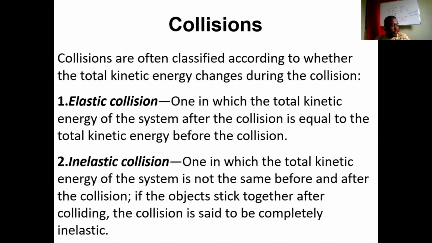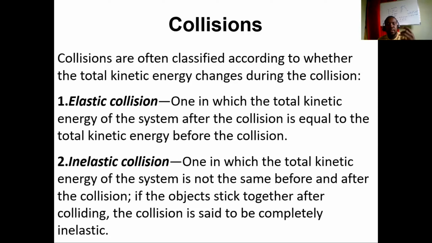Right? And for collisions, we are aware that we have two main types of collision, which are your elastic collision as well as your inelastic collision. In your elastic collision, objects bounce off each other when they collide, and in those cases the total kinetic energy of the system after collision is equal to the total kinetic energy before the collision.